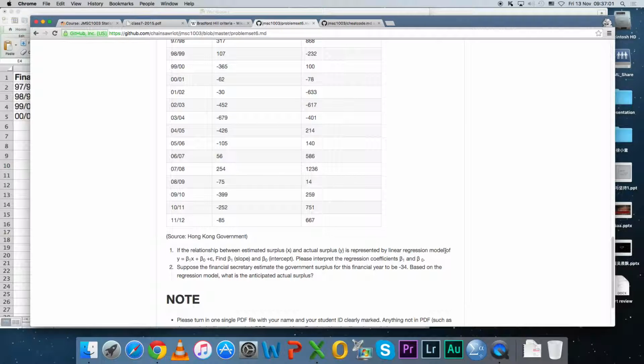So we can plot the data as a scatter plot, right? So this is the estimated surplus, and that one is the actual surplus.